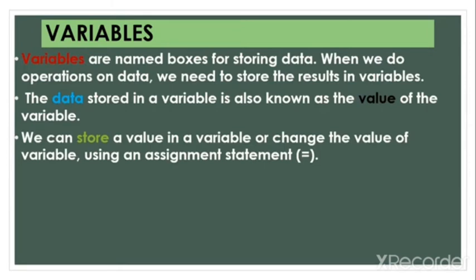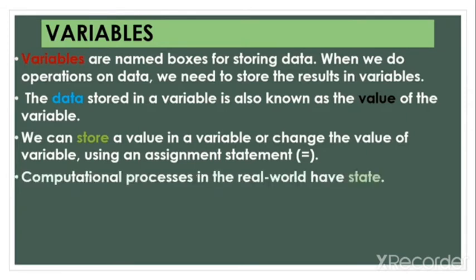So I told you know a equal to 10. So a equal to 10, that equal is the assignment operator. So when I give a equal to 10 means 10 is the data which is on the right hand side that is assigned to the left hand side variable. So equal உடைய function என்னன்னா right hand sideல நம்ம என்ன value கொடுக்கிறோமோ அது left hand sideல இருக்க variableக்கு assign ஆகும். So like this we can store a value in the variable and we can change the value in the variable also.